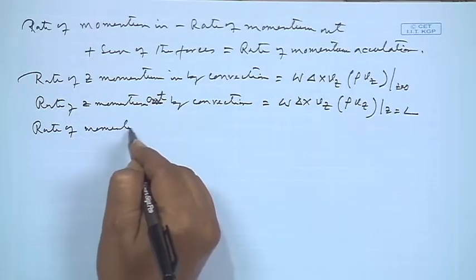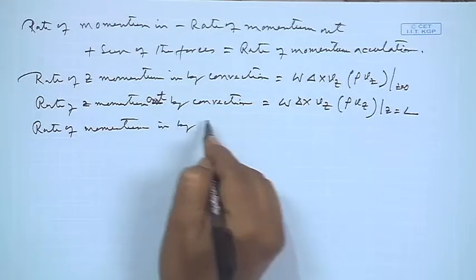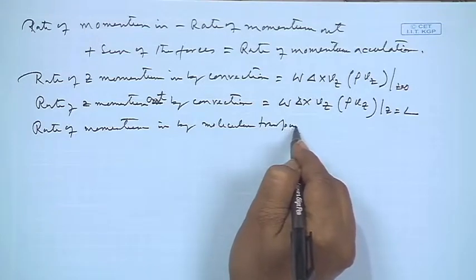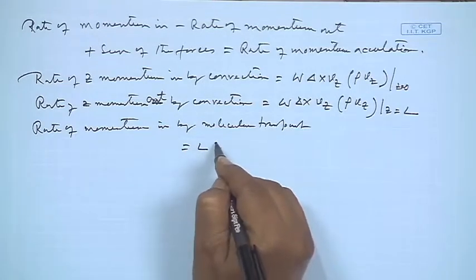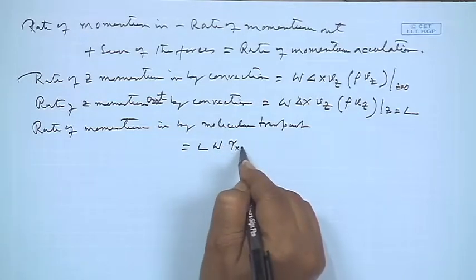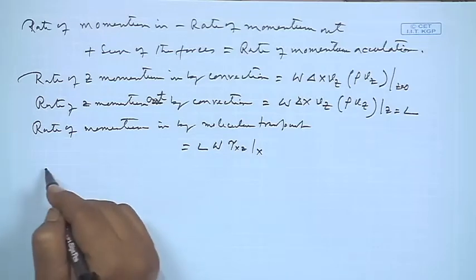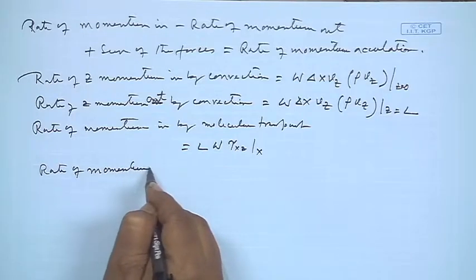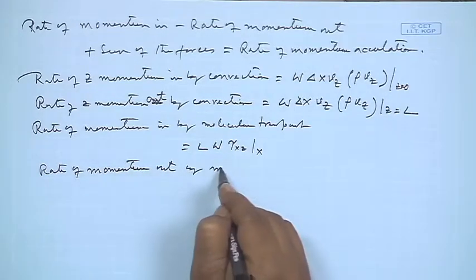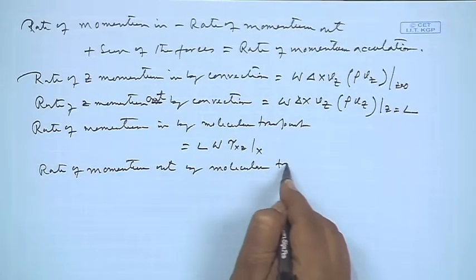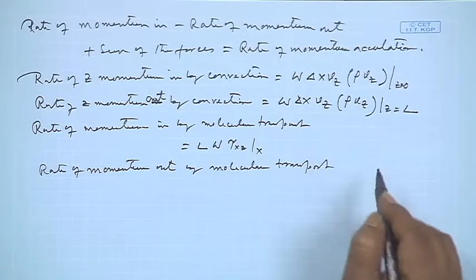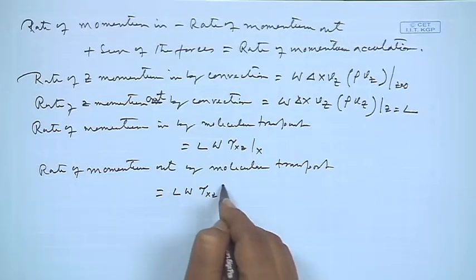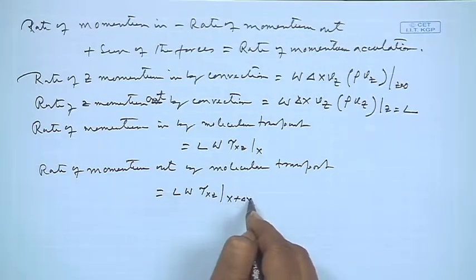The rate of momentum in by molecular transport is equal to L into W into tau x z at the phase x, and the rate of momentum out by molecular transport is equal to L W tau x z at the phase x plus delta x.